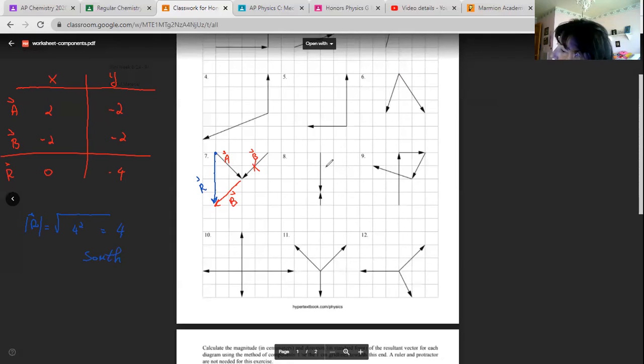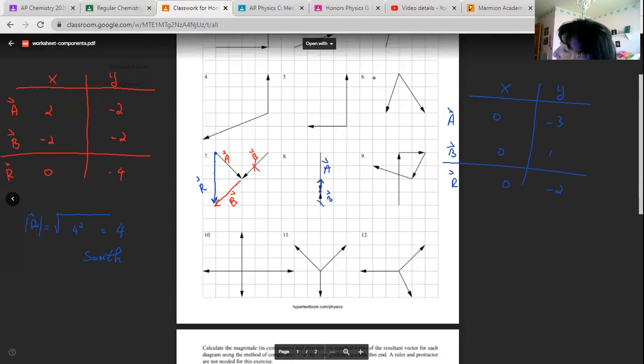This one instead, okay, so it's A and B. So A says 3 down. B says instead 1 up, so your resultant should be 0 minus 2, which means basically I'm taking B and I have to start from here, which is going 1 up.